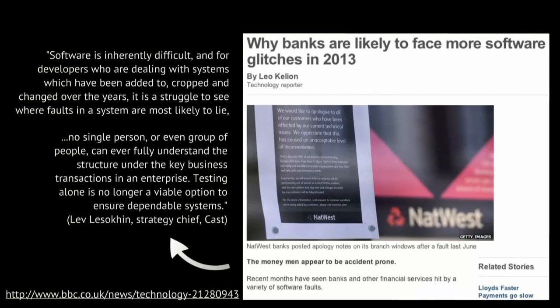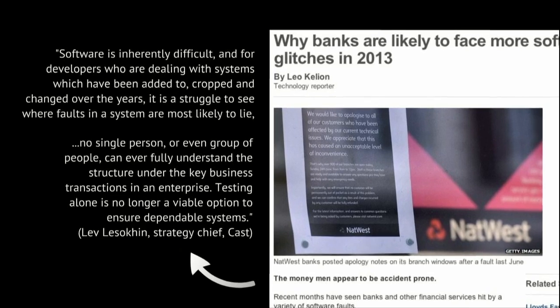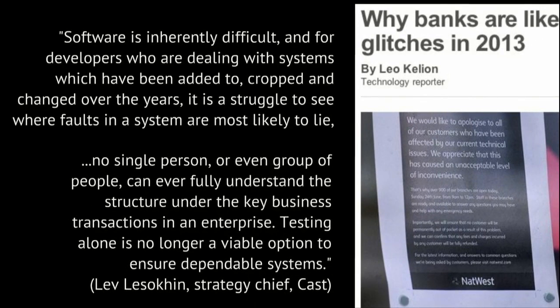And one example that I found from your world would be this one, a BBC coverage written by the technology reporter Leo Kelion, entitled "Why Banks Are Likely to Face More Software Glitches in 2013." In this coverage, Leo interviews Lev Lesokhin, the strategy chief of CAST, who really appeals to history in his accounts of the current software risks that the banking industry runs.